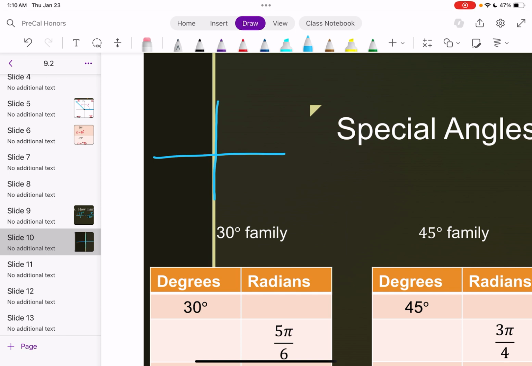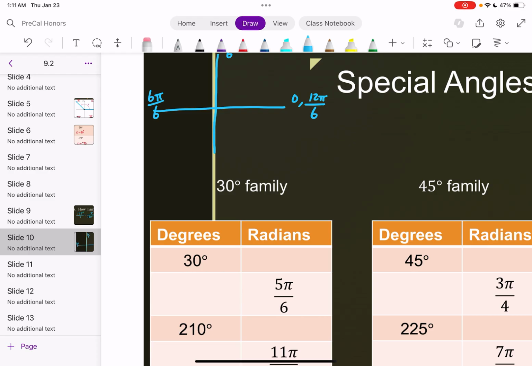We know that we have 0, or this can also be 12 pi over 6. We know that this would be 6 pi over 6. This would have to be 3 pi over 6. And this would be 9 pi over 6.